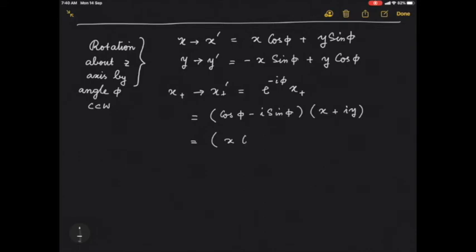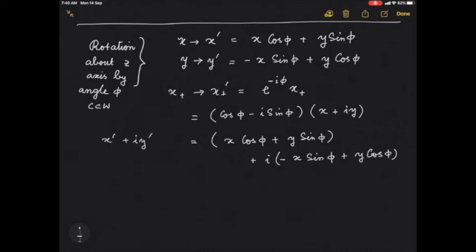If I collect the real parts, you get x cos phi plus y sin phi. And if you collect the imaginary parts, you get minus x sin phi plus y cos phi.